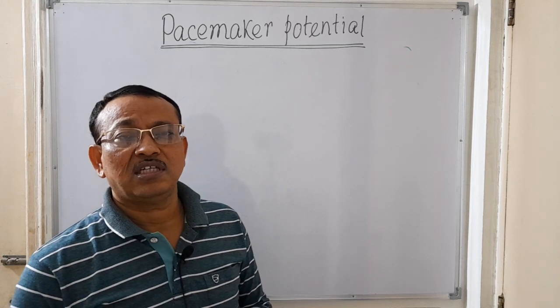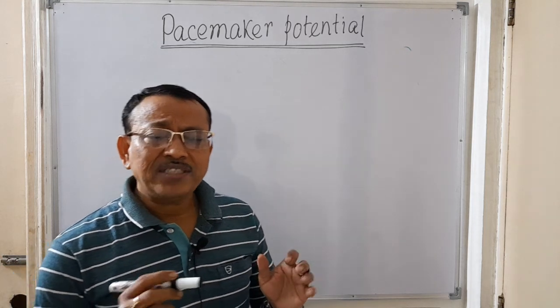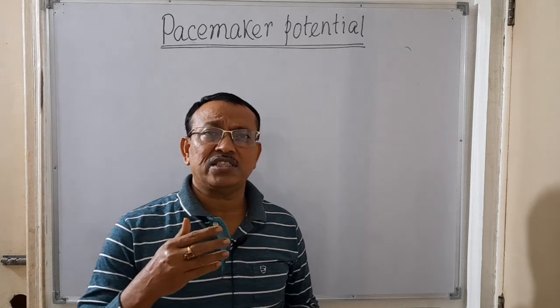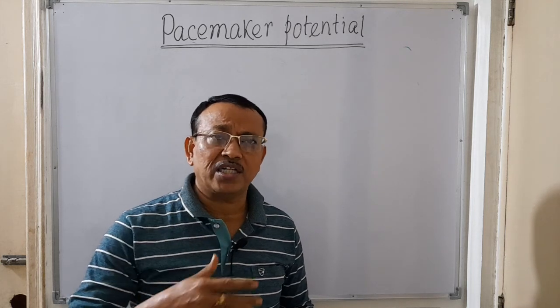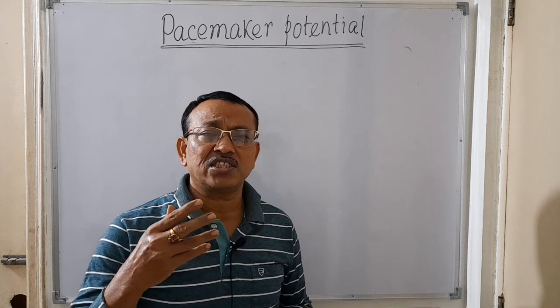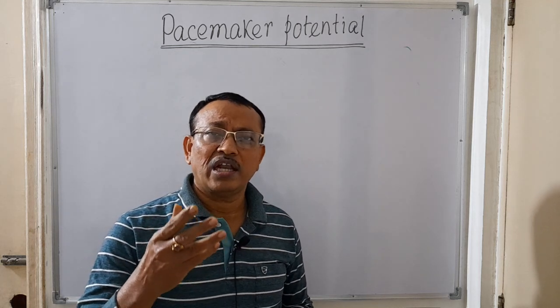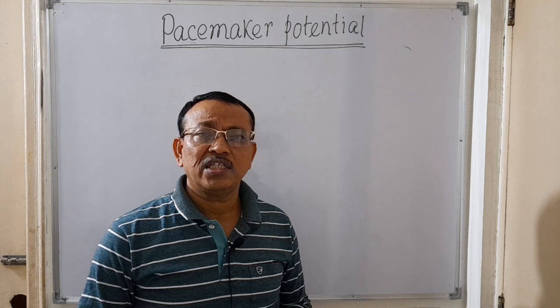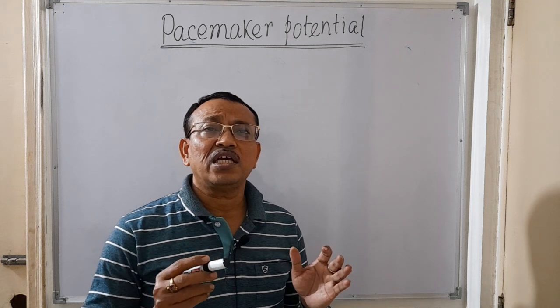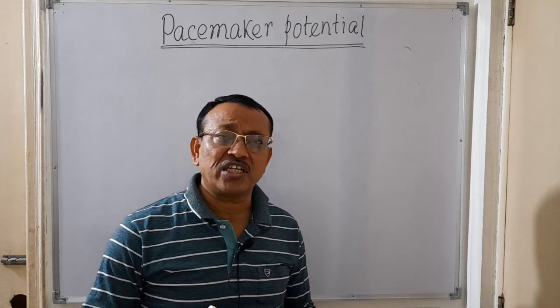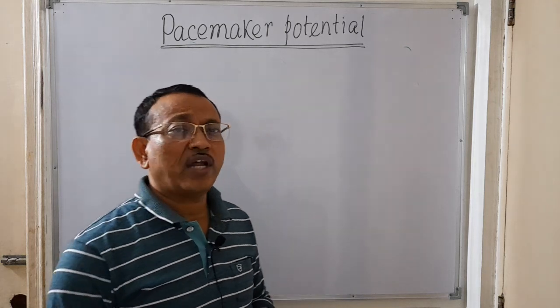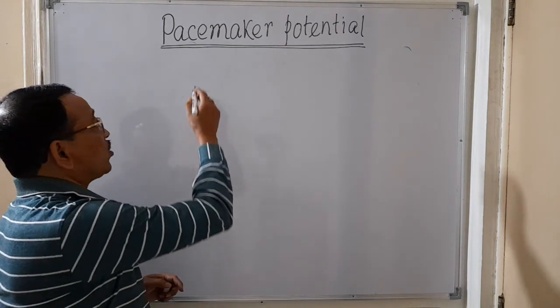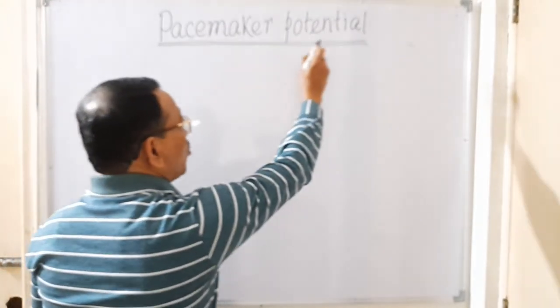Basically, this autorhythmicity, the self-generating capacity of the electrical impulse by special junctional tissues like the SA node, is due to a special type of feature known as pacemaker potential.